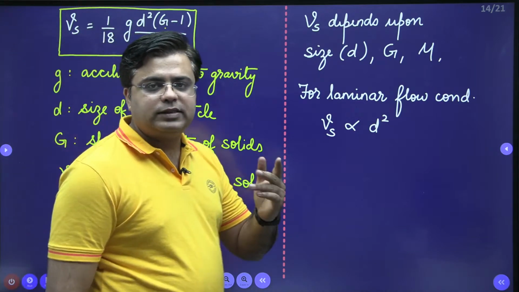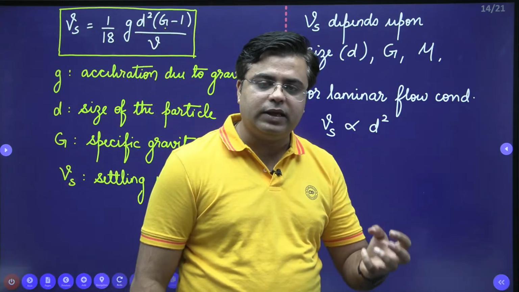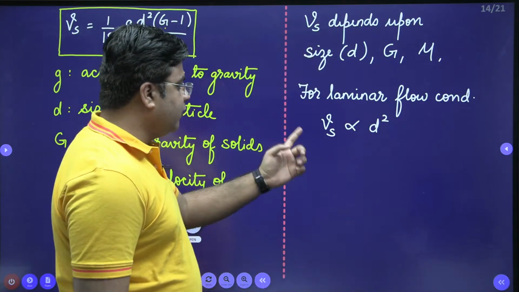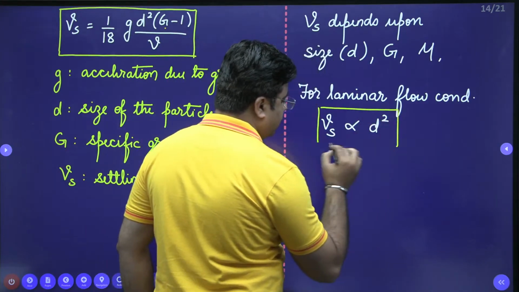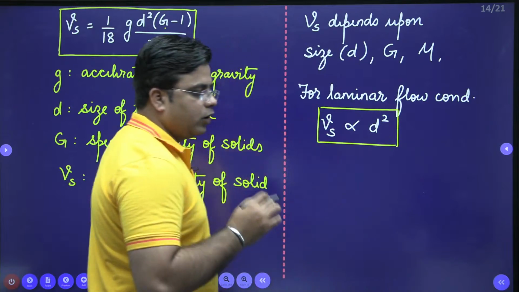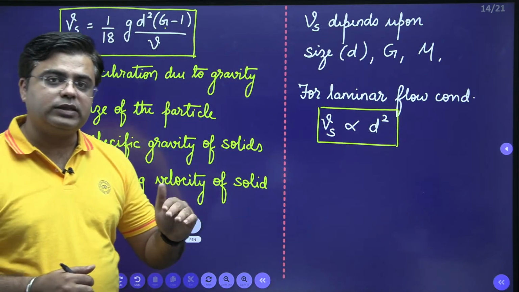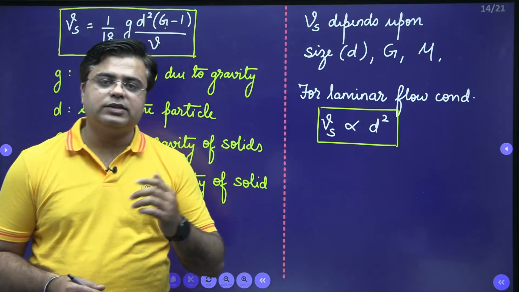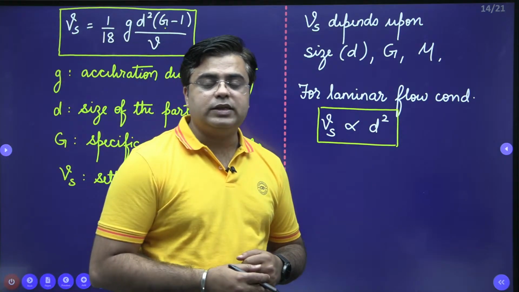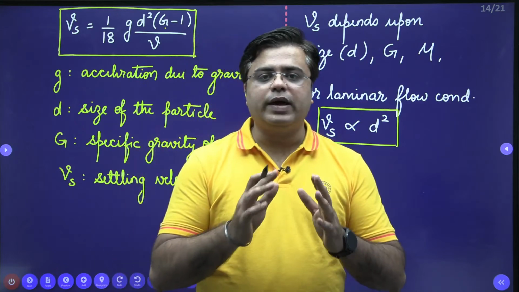If you increase the size, settling velocity will keep on increasing. So settling velocity, that is the settling velocity of solid, is directly proportional to the square of the size only for laminar flow condition.